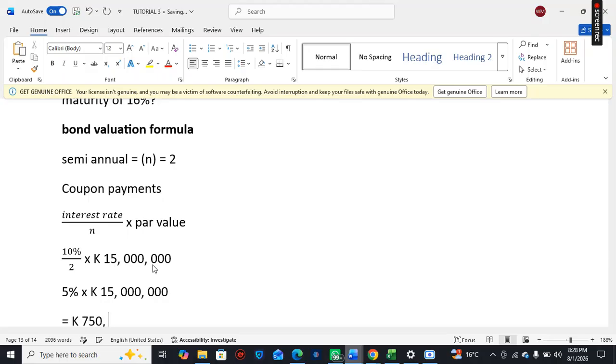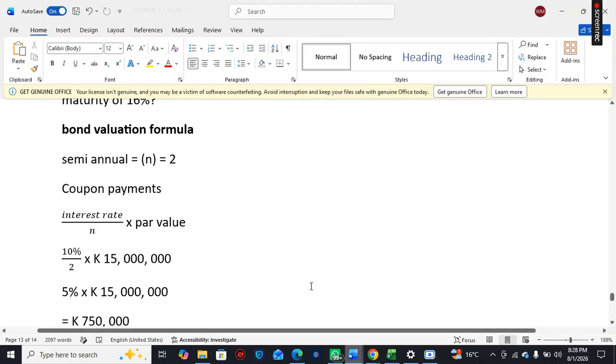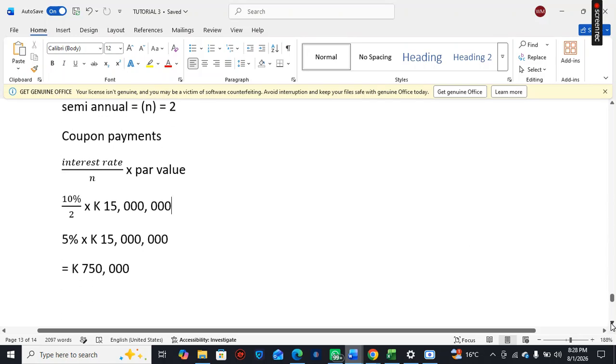So in the first 6 months, you'll be paid 750,000. Then the next 6 months, you'll be paid another 750,000 kwacha.